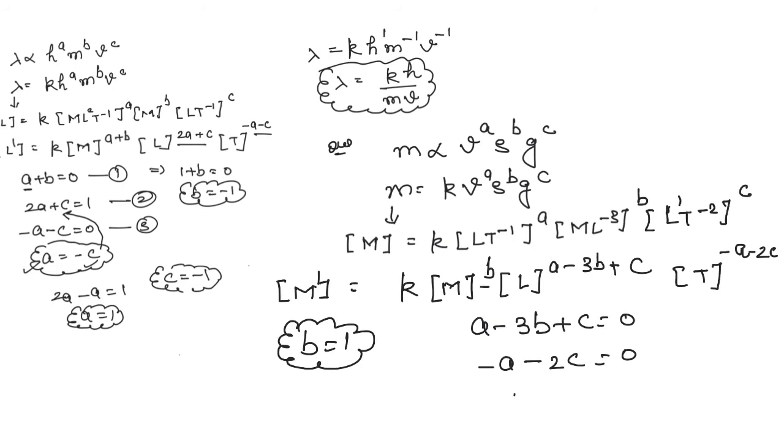So we can say a equals 2 times c, and c equals, something went wrong, minus a by 2. You can notice this thing.